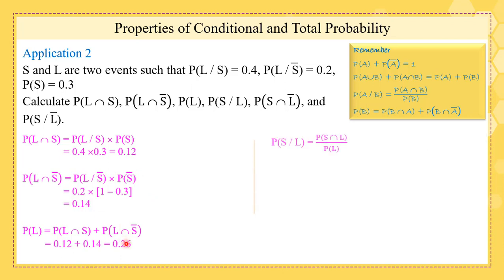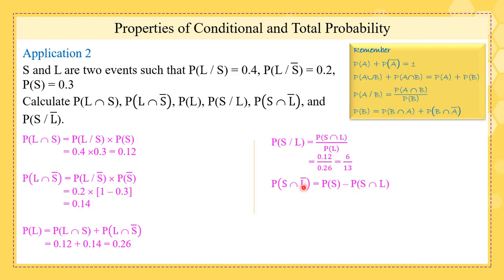Now, for S given L, if we just apply the property, we get S intersection L over L, and we know S intersection L from here, which is 0.12, and L from here, which is 0.26. Now try to see S intersection L bar.